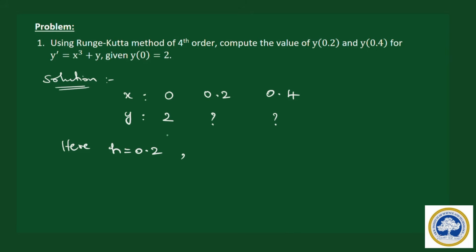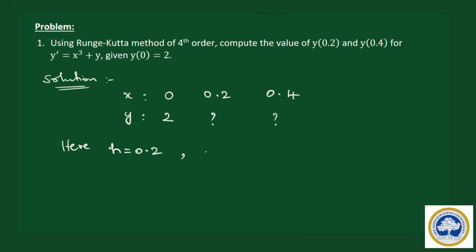Instead of that, if we fix h is equal to 0.2, we can find 0.2 directly from 0, and again from 0.2 we can find 0.4 directly. Suppose they give you h as 0.1, then we have to calculate using h is equal to 0.1 only. Here nothing is mentioned in the question, so for our convenience we can take h is equal to 0.2.